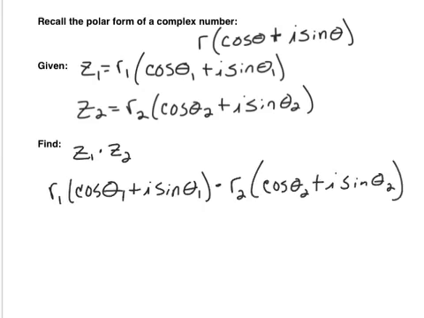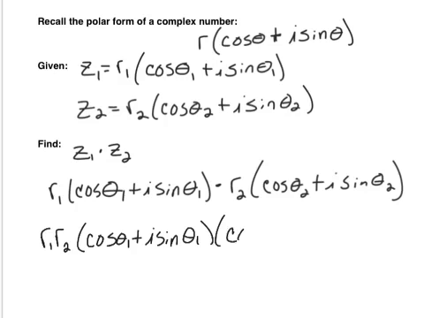Okay, so when we multiply, we're going to multiply these coefficients, so we'll regroup them, and then we're going to multiply the binomials. So let me regroup r1, r2, and we end up with two binomials that we have to multiply together. So here's that one, and here's this one.